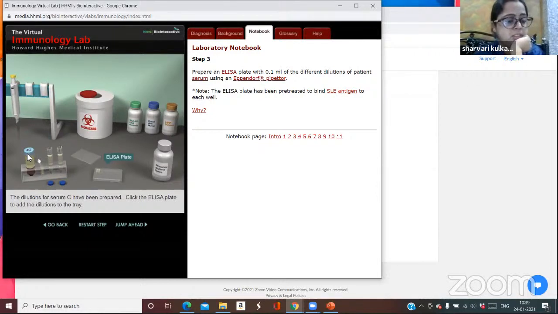We are done with B, right? In a similar way, dilutions of C have been prepared.